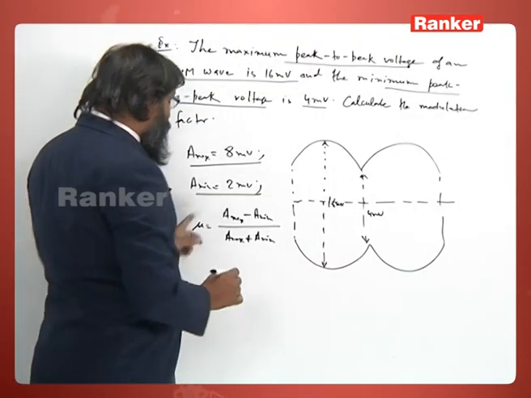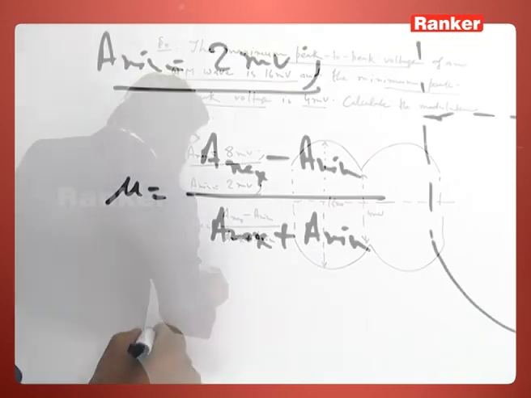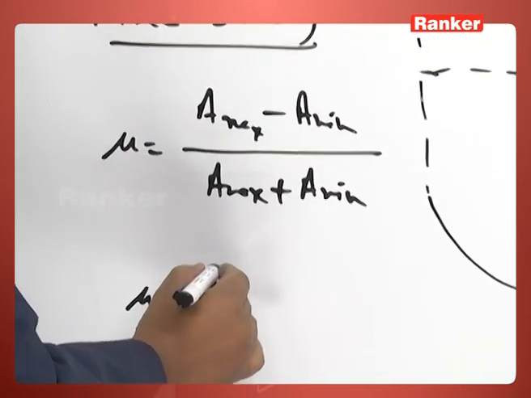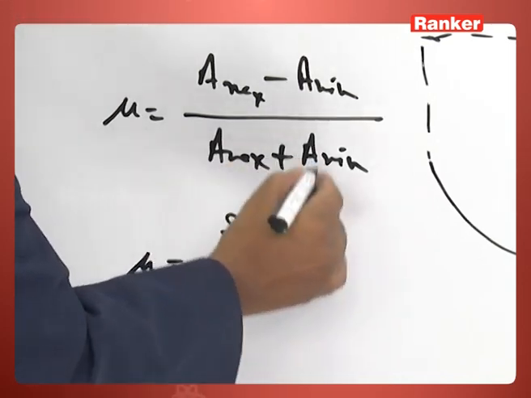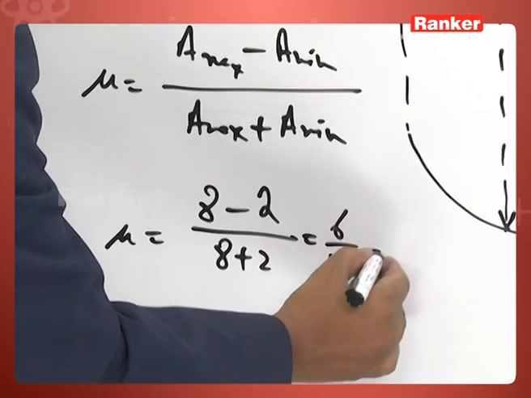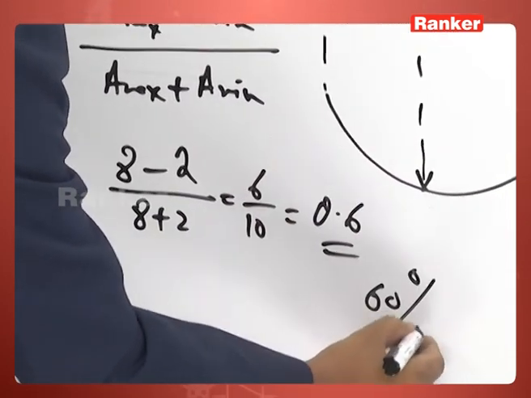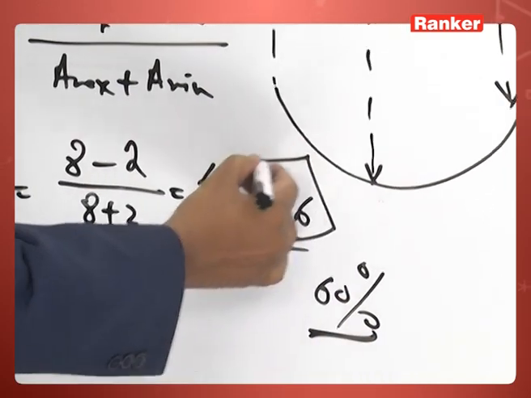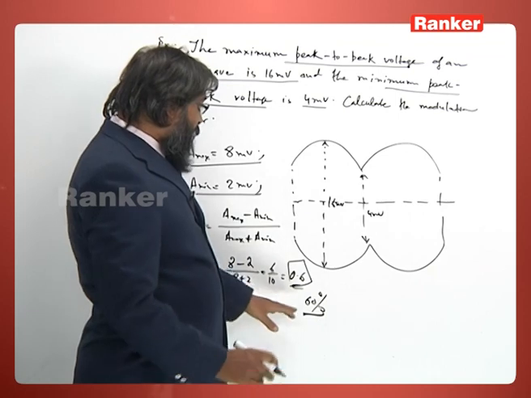This was the result which we discussed in our first problem. So mu was equal to A max 8 minus 2 by 8 plus 2, that is 6 by 10, that is 0.6, that is 60%. In terms of percent, 60%.